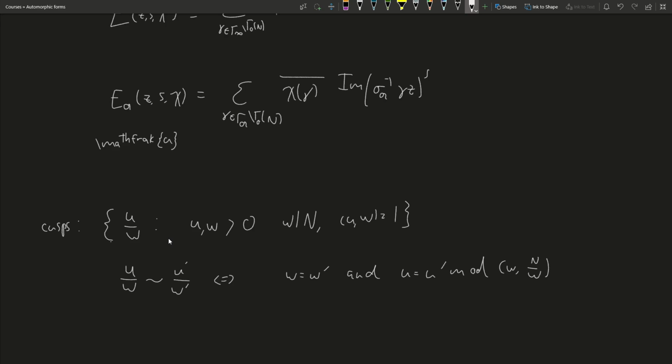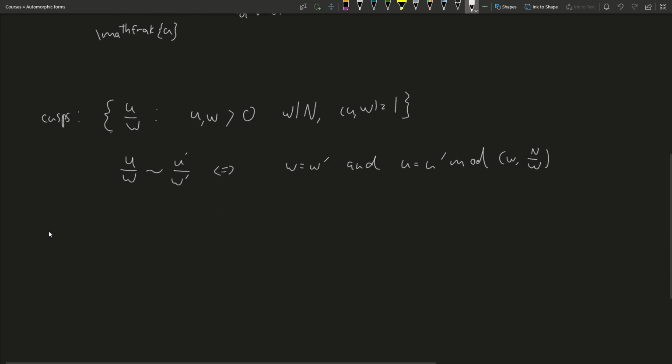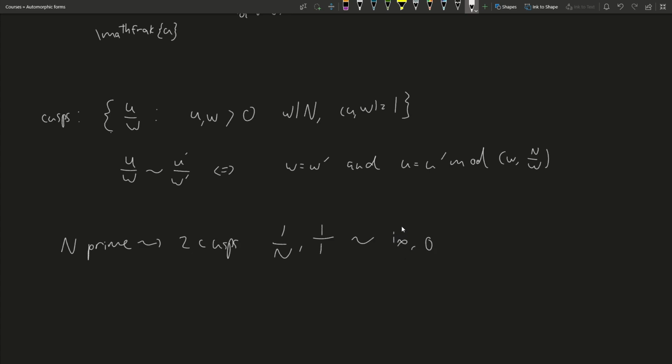If n is prime, there are two cusps. And this gives you the cusps 1 over n and 1 over 1, but those are equivalent to infinity and 0, which are the more convenient ways to write these two cusps.